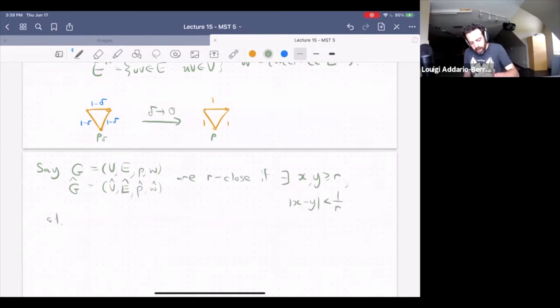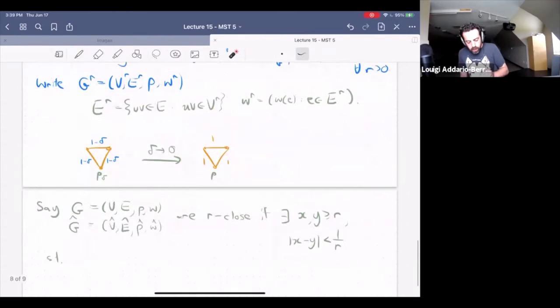We're thinking of x as the distance we go out in G, and y as the distance we go out in G hat.